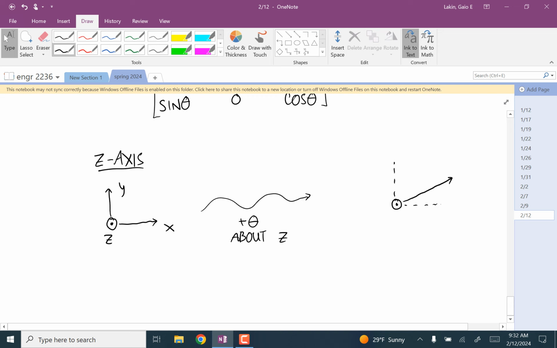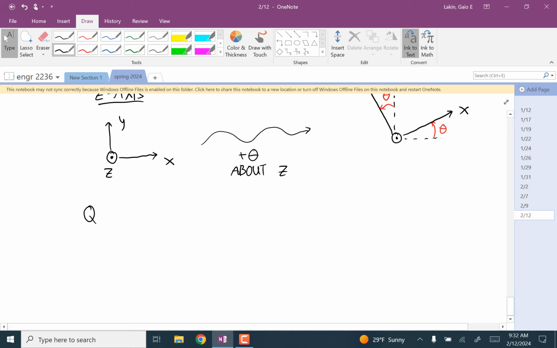So your new x-axis is going to be that way, your new y-axis is going to be that way. And the rotation matrix is cosine theta, sine theta, 0, negative sine theta, cosine theta, 0, 0, 0, 1.